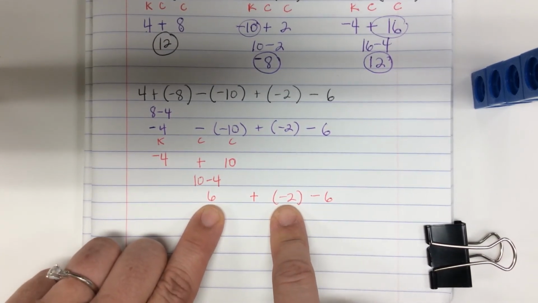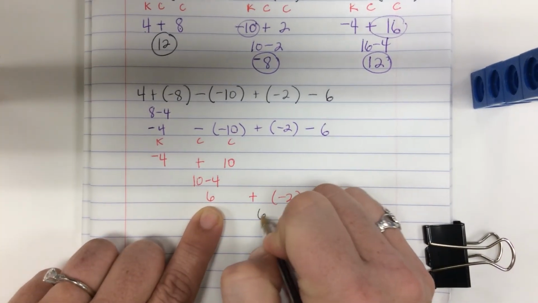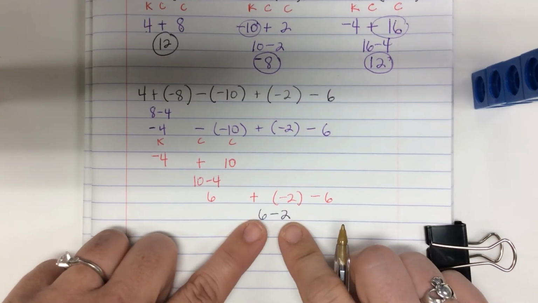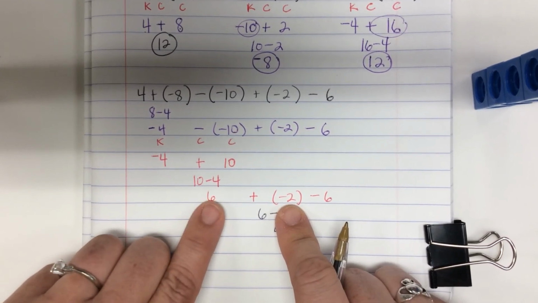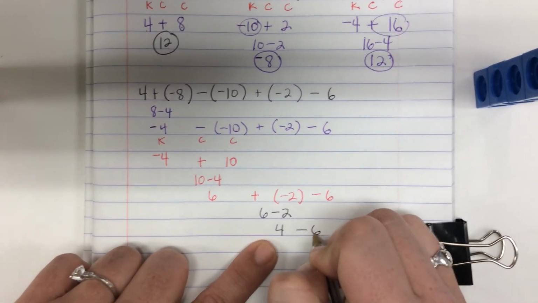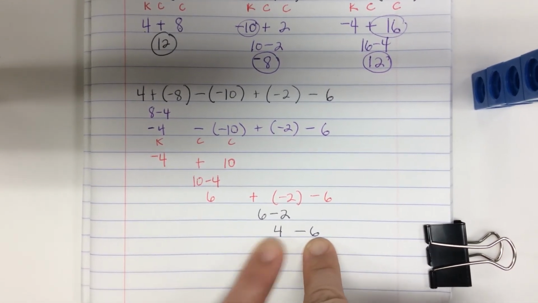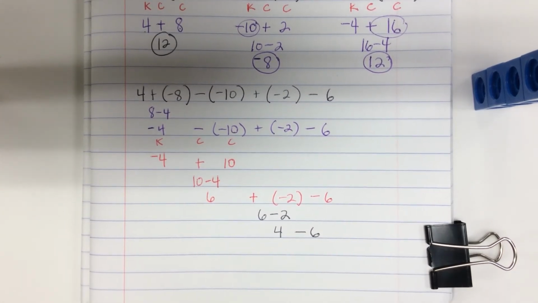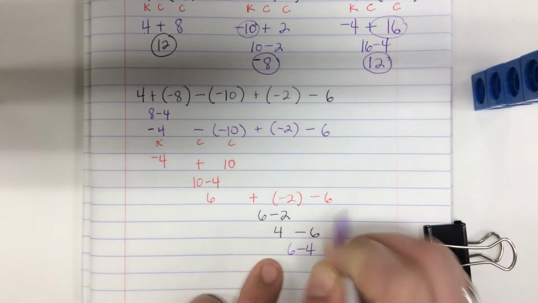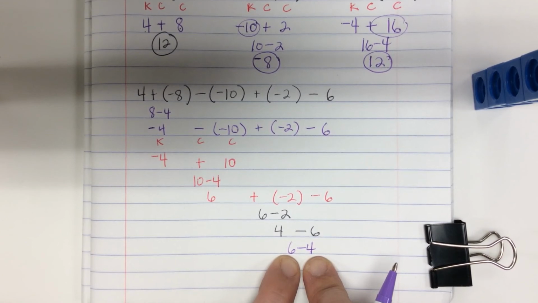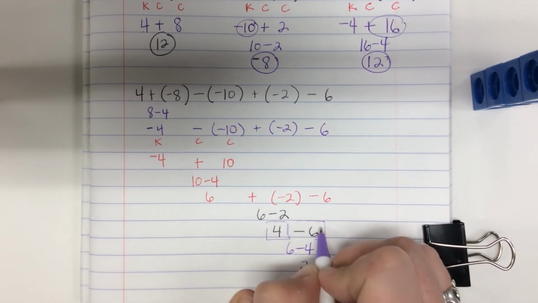Are the signs the same? No. They're different. Find the difference. 6 minus 2. 4. Is it going to be positive or negative? Positive. Because 6 has the greatest distance. Minus 6. 4 minus 6. We can rewrite it as 6 minus 4. What's 6 minus 4? 2. Which one has a greater absolute value? 6.